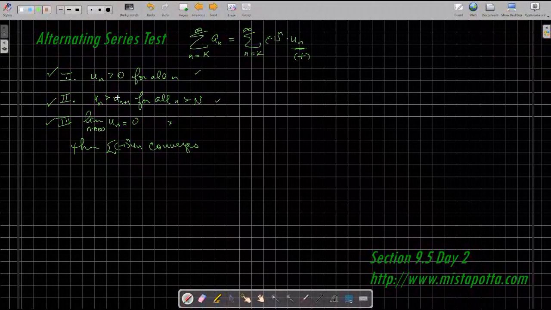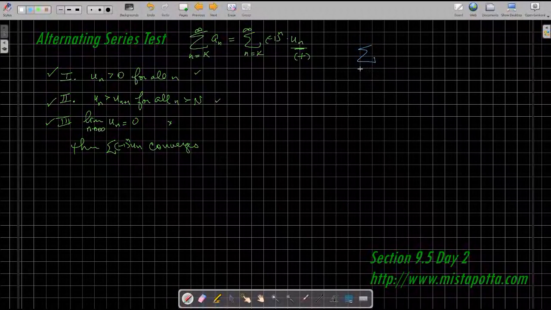In other words, just the fact that all of these terms are truly alternating and they get progressively smaller and they head towards 0, that's enough to show convergence, which brings us to some rather interesting facts.